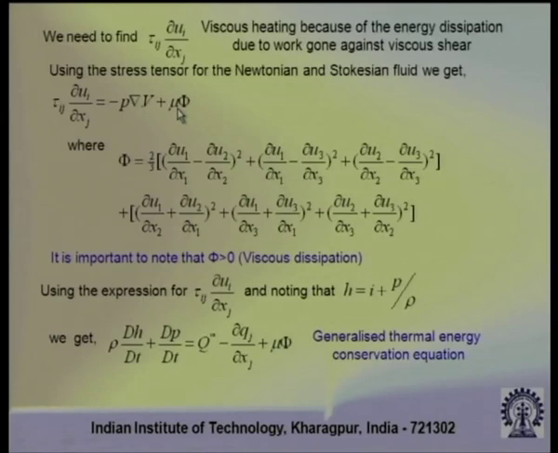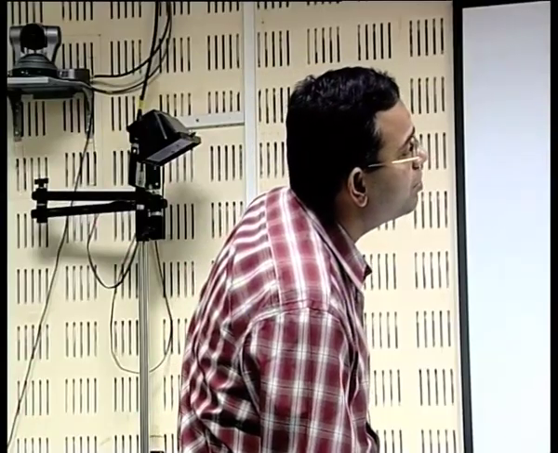So, minus p into divergence of the velocity vector is a sort of pressure work because of the volumetric dilation, and the second term is the so called viscous dissipation term, which is viscous heating because of energy dissipation due to work done against viscous shear. You can see that this quantity phi is always a positive quantity because it is a sum of squares of certain numbers.